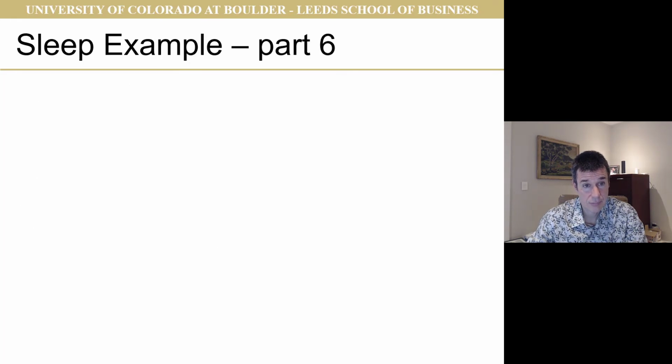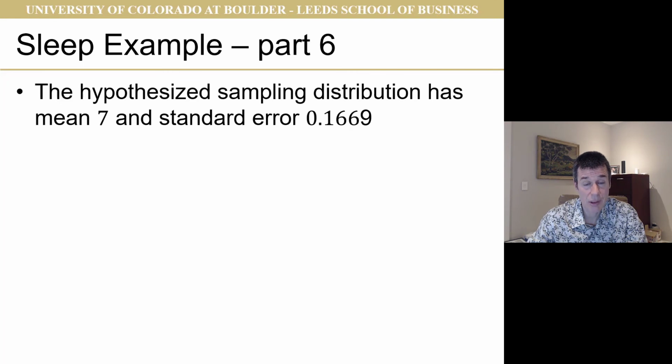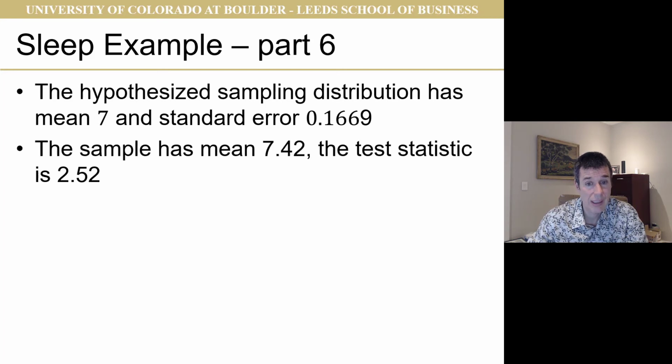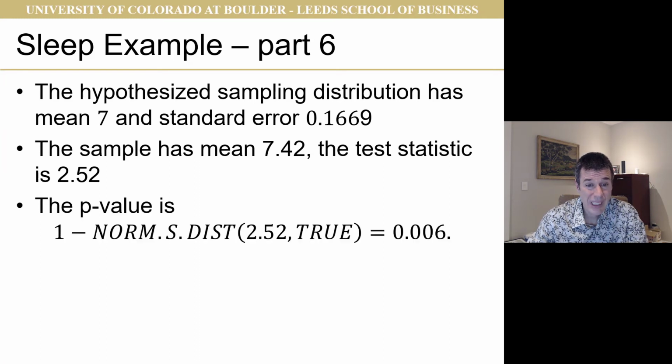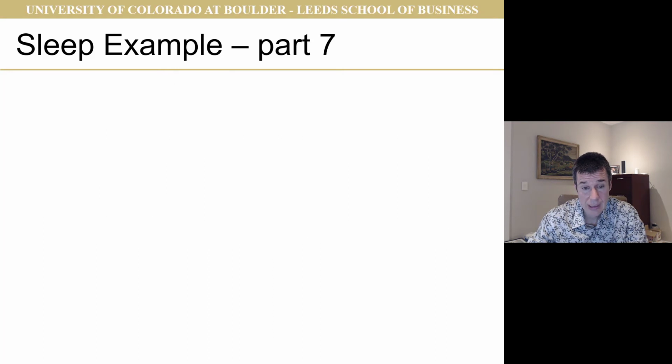So we go back to our sleep example. The hypothesized sampling distribution has mean 7, standard error 0.1669. The sample has mean 7.42. The test statistic is 2.52. The p-value is, again, this is above, so we use 1 minus NORM.S.DIST of 2.52, and we get 0.006, which is fairly small.